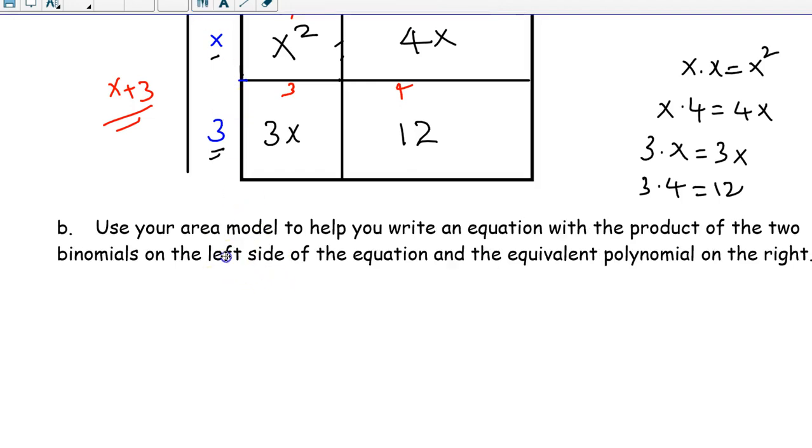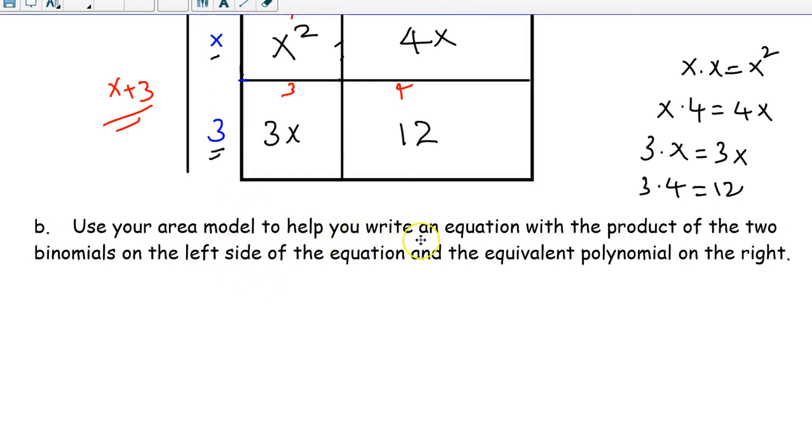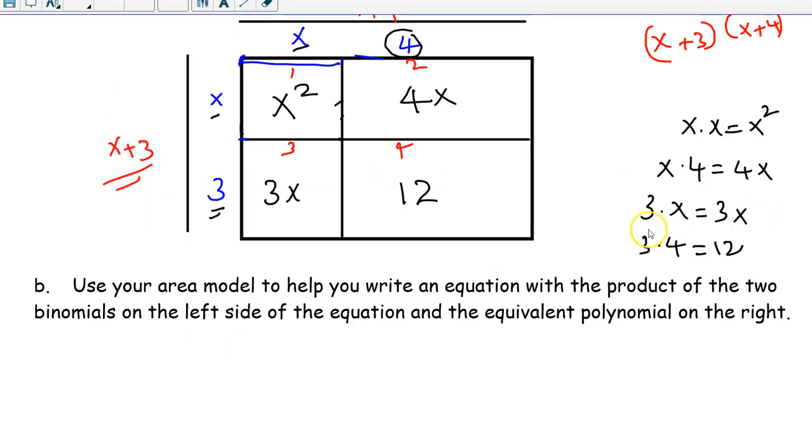Now using our area model, I'll write the equation with the product of the two binomials on the left side of the equation and the equivalent polynomial on the right. Okay, that is the bigger one, x plus 3 times x plus 4. On the top I have x plus 4, right? x plus 3 times x plus 4, or you can even have x plus 4 times x plus 3.